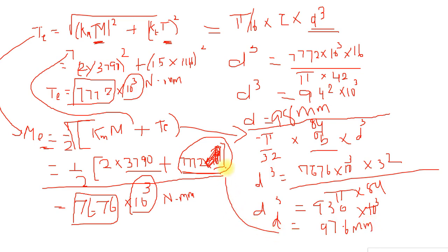Comparing both values, the highest value is d equal to 98 mm. But we cannot write this value directly; we want to go for the standard diameter from the data book, page number 7.20. From the data book, I can consider d equal to 100 mm.